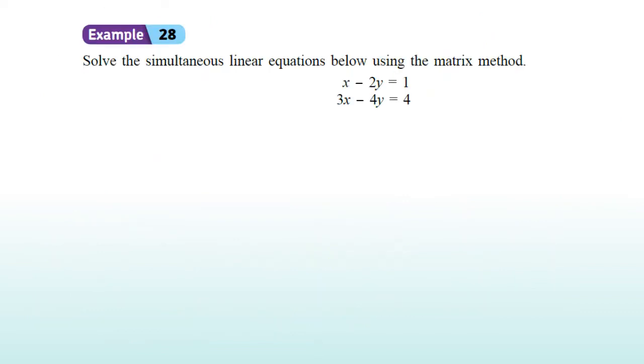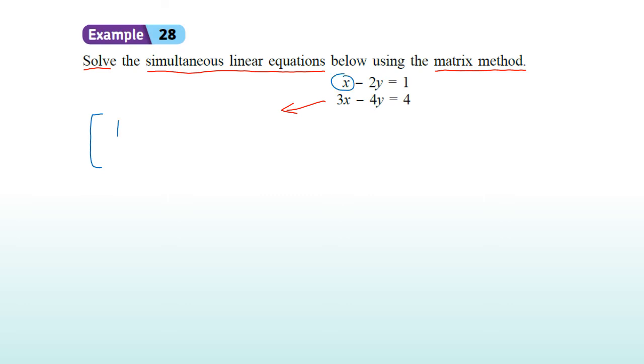Okay, now let's solve the simultaneous linear equations below using the matrix method. So the first thing you do is you change the linear equation into matrix form. This one, X, the coefficient is 1.